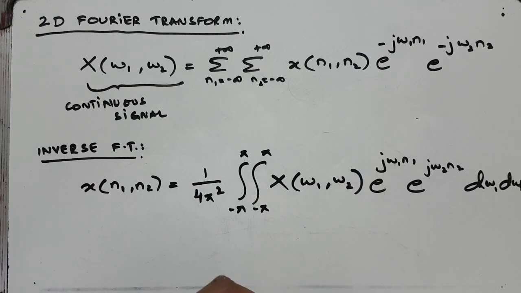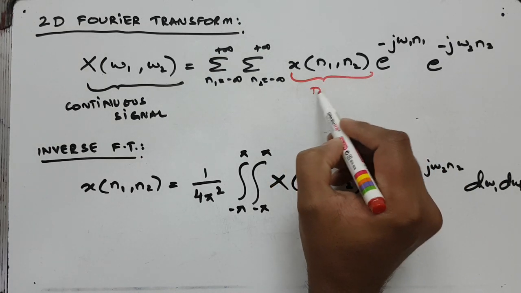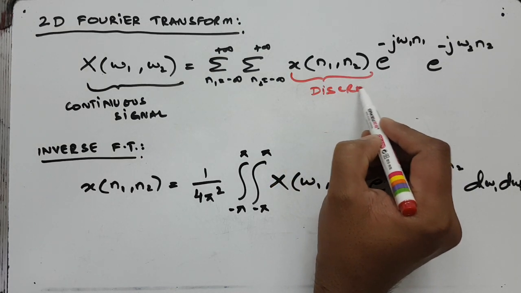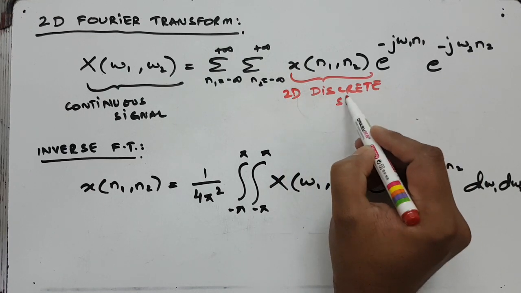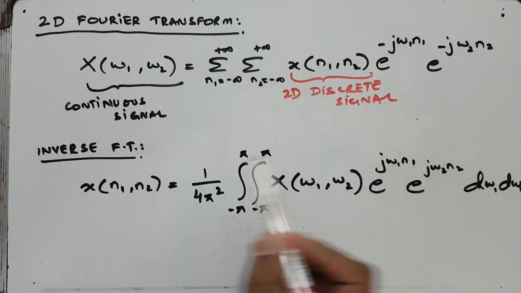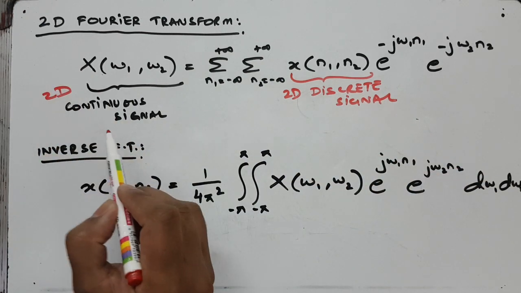So this is where we have this is our discrete signal, and it gives us a 2D continuous signal.